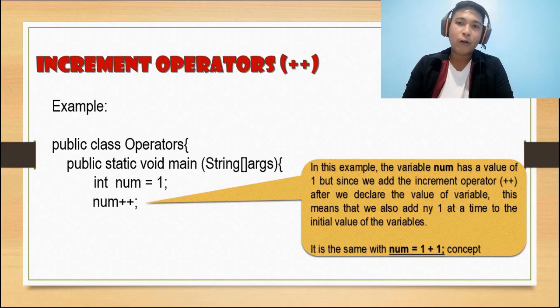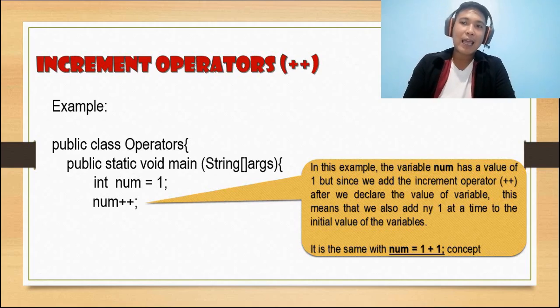Now if we perform the increment operator, which is the double plus sign, num plus plus, meaning we are adding 1 to the initial value of our variable. In this example, the variable num has the value of 1. But since we add the increment operator, the double plus sign, after we declare the value of our variable, this means that we also add 1 to the initial value of our variable.